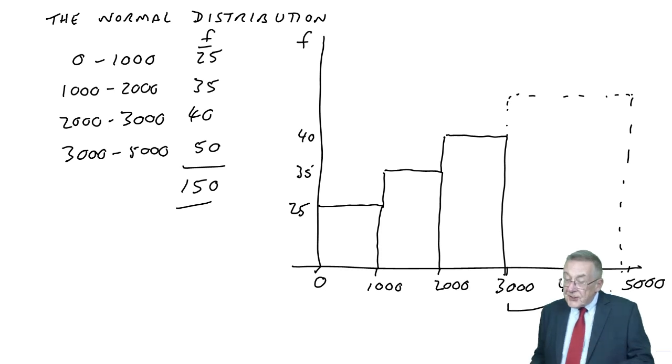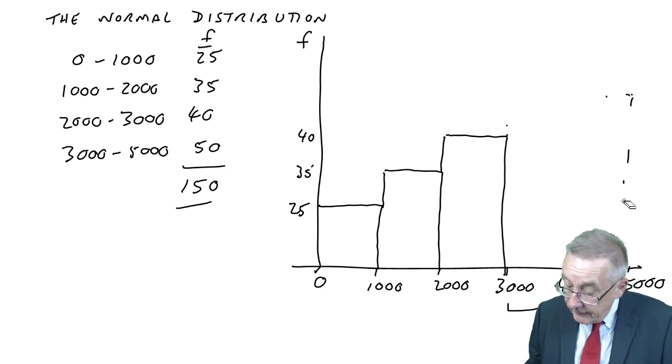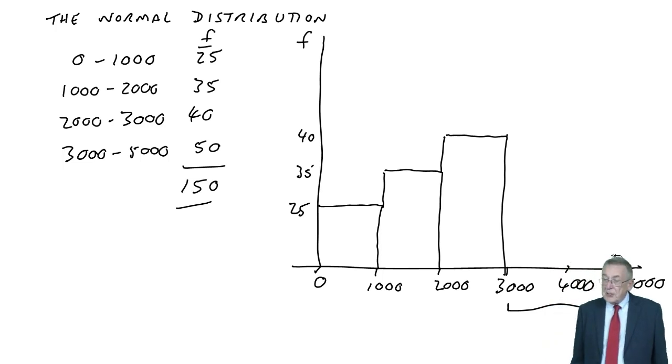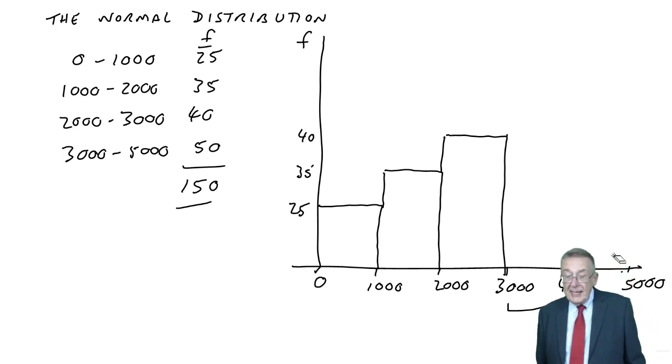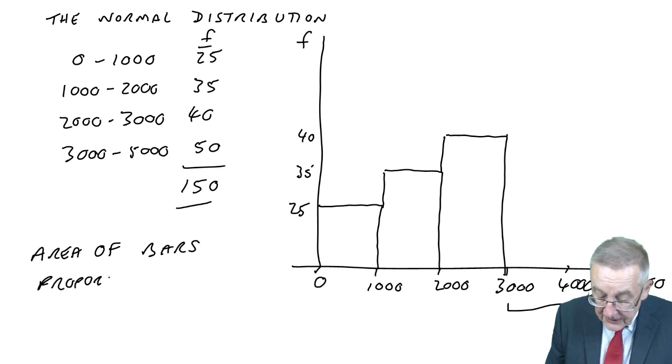And so what is so important, and important for what follows, is that in fact when we're drawing a histogram, it's not the height of the bars that's proportional to the frequency. It's the area of the bars that is proportional to the frequency.